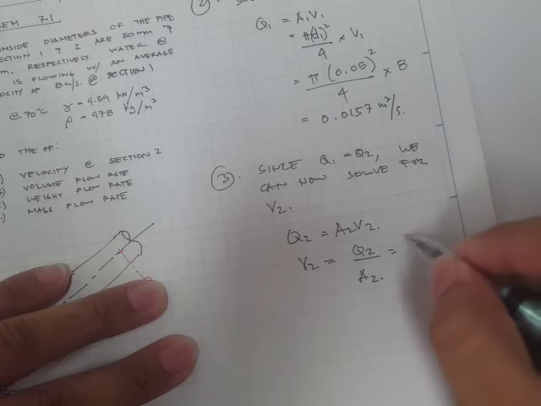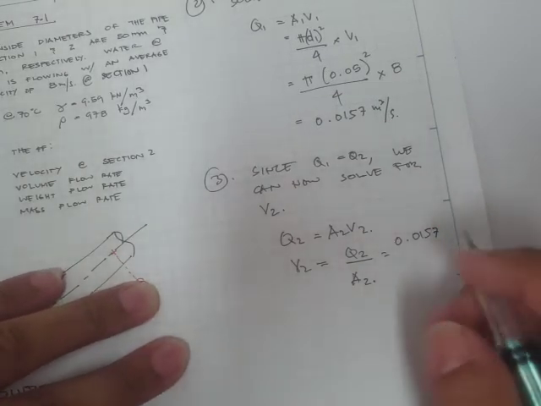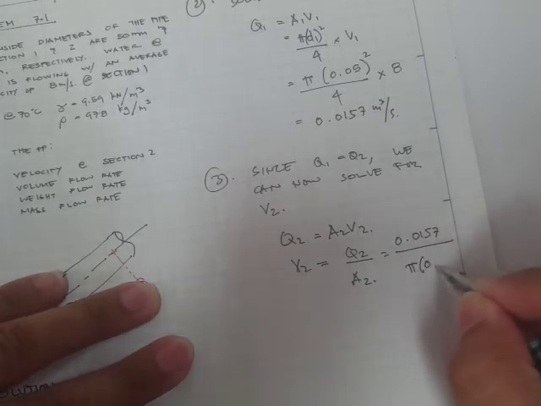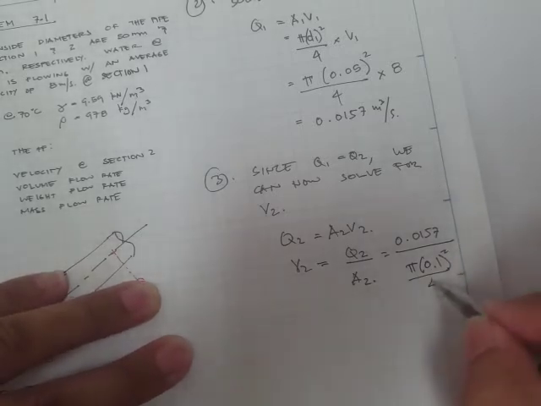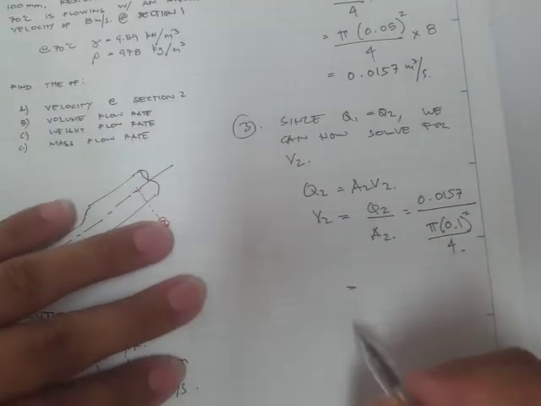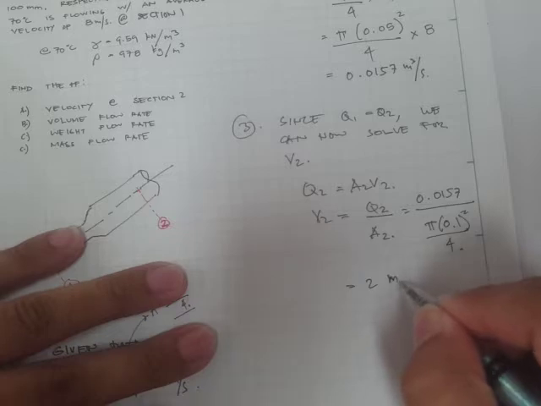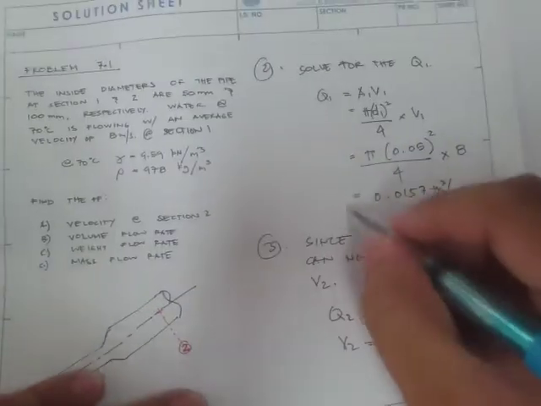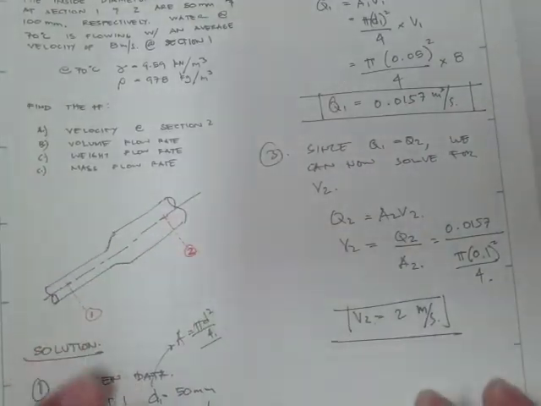That's 0.0157 meter cubed per second over the area, pi d squared over 4. Again, we convert to meters for consistent units, and our velocity at point 2 is equal to 2 meters per second. So this is our Q1, which is just equal to Q2.